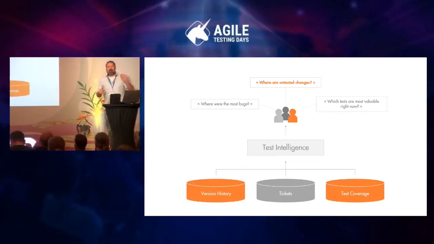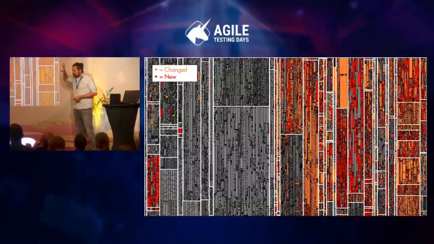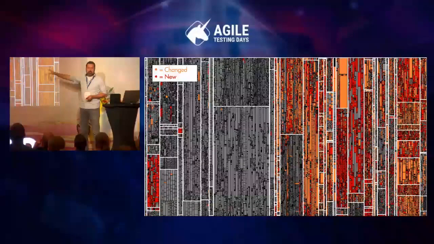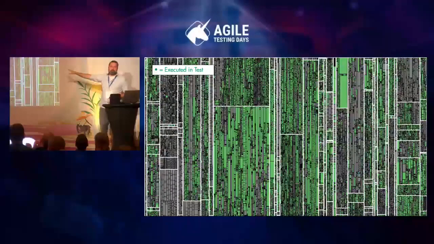Surprising for us, though, is how much code slipped into production untested. When we did the first analyses like this, 50% of the changes that were made slipped into production untested. And how do we know that? Because we mesh those data sources together. We can get what changed from the version control system and what we tested from the test coverage analysis.